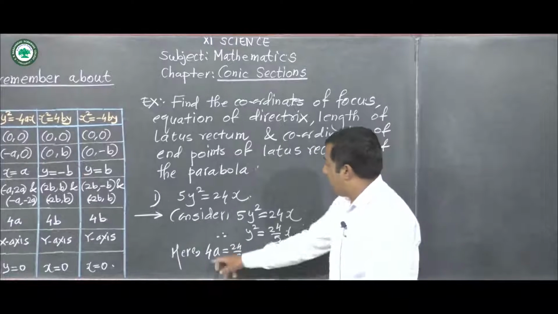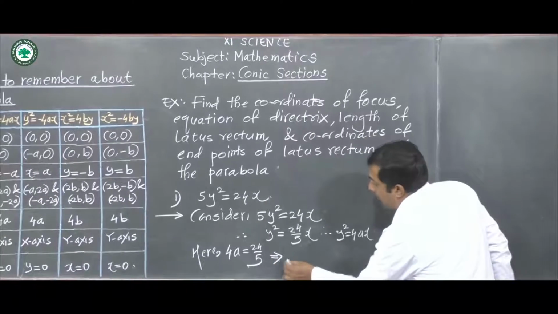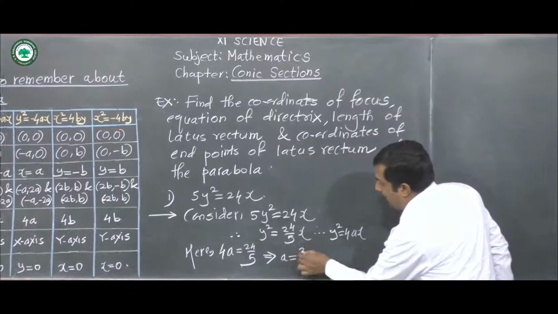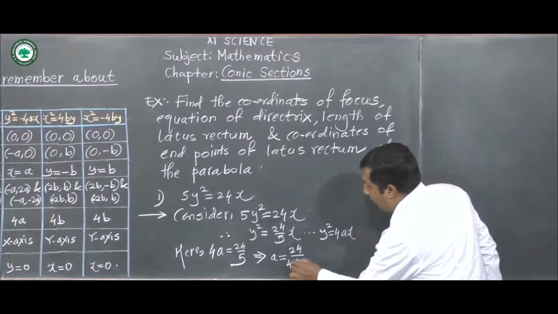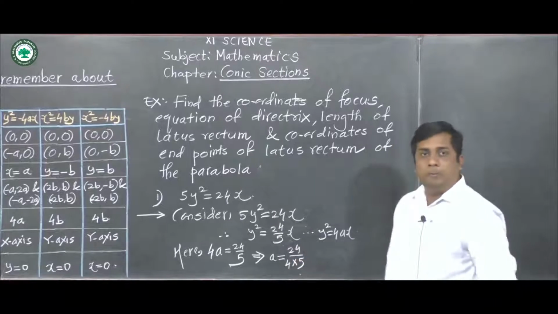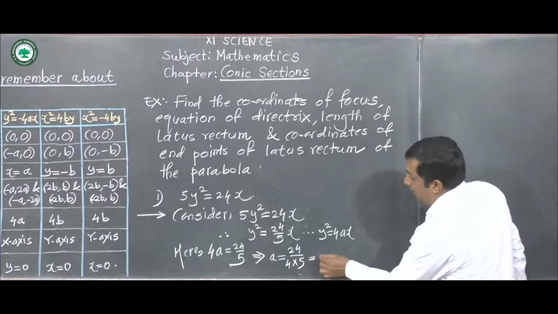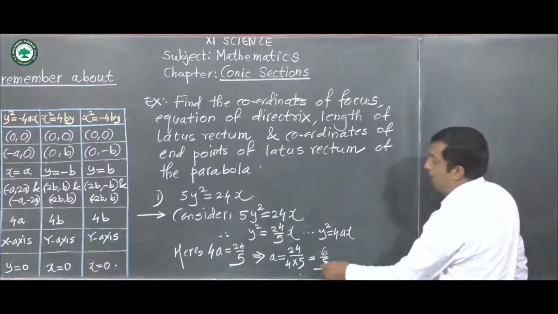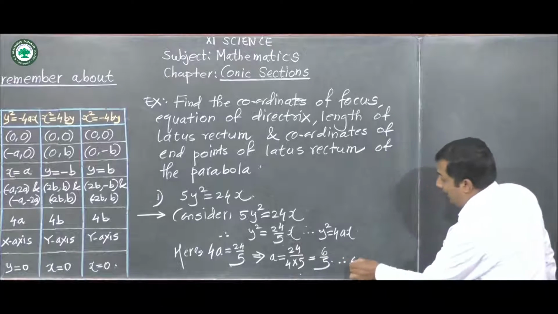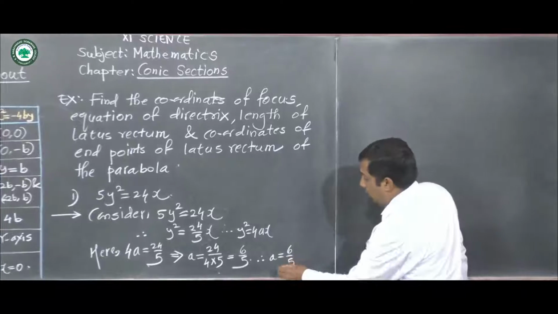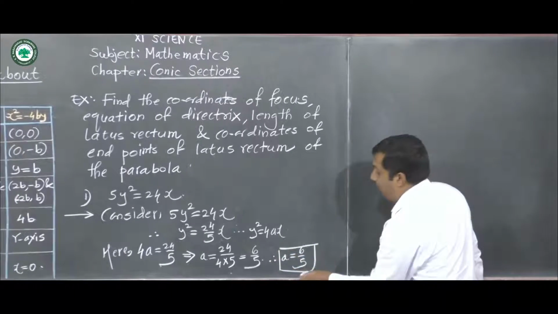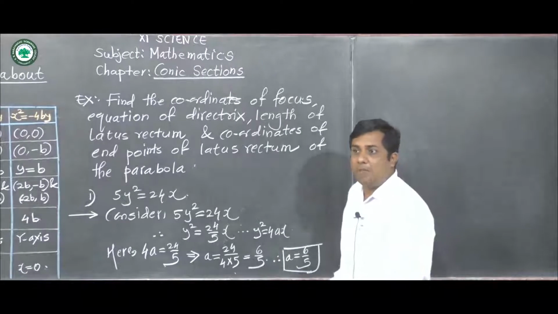Then we find a separately. So a is equal to 24 by 4 into 5, this is equal to 6 upon 5. So a is 6 by 5.